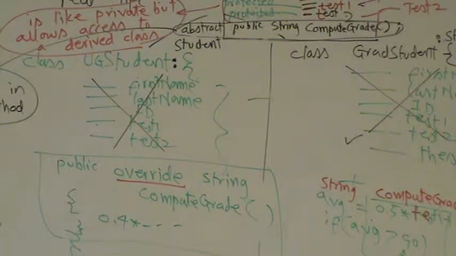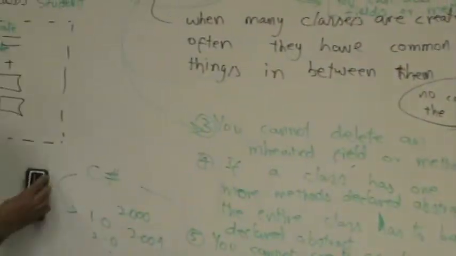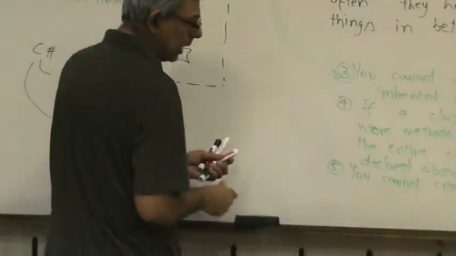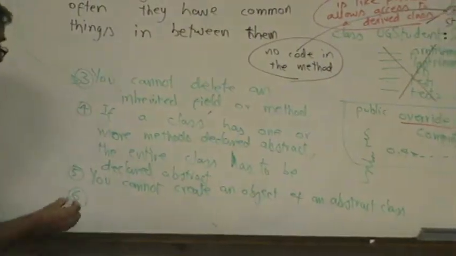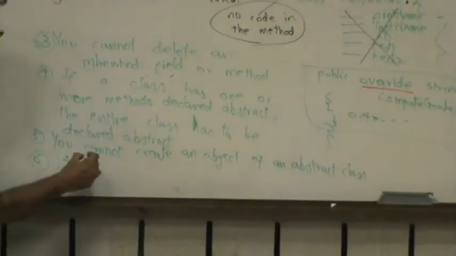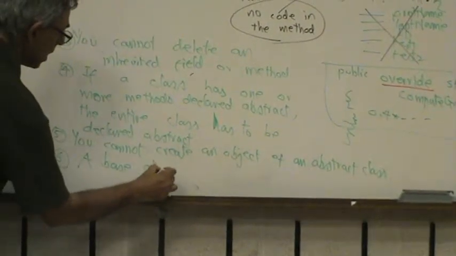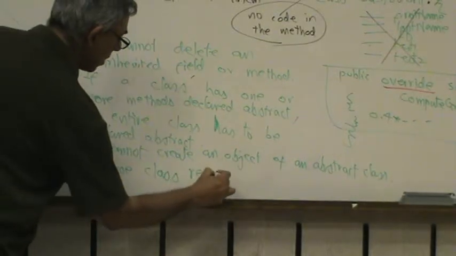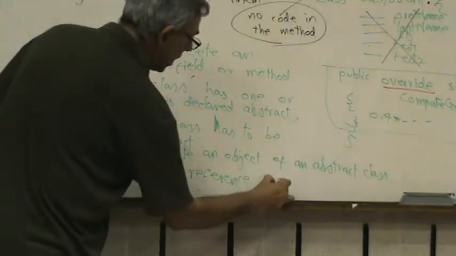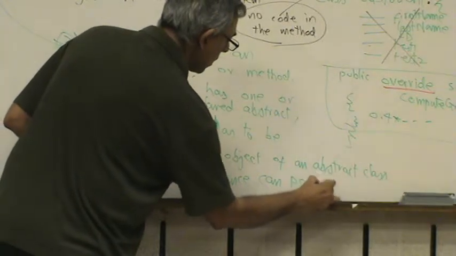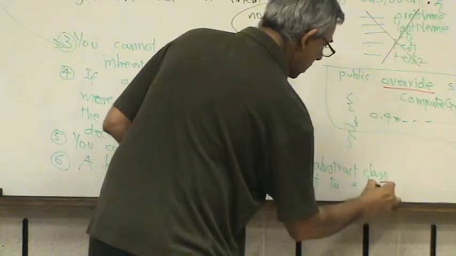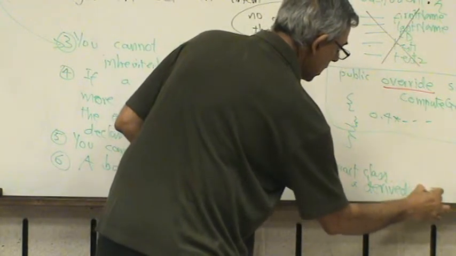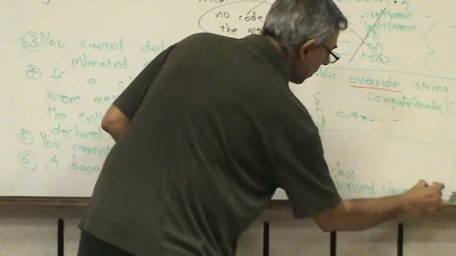Okay, so now coming back to inheritance, the next rule, which is I think the last rule in inheritance you need to remember, is: a base class reference can point to a derived class object.